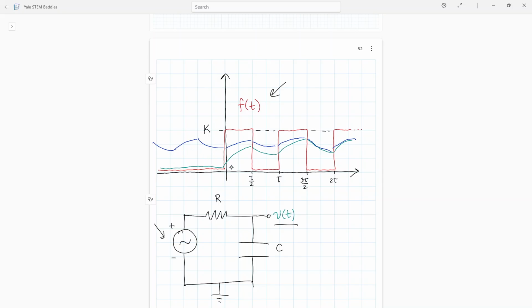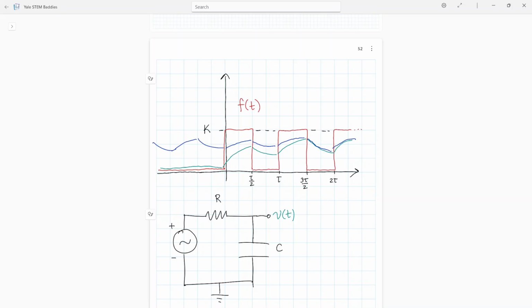It's on when it's not supposed to be, over here on the negative side of the time axis. But as time goes to infinity, the exact solution, the green curve here, is going to converge to the steady state solution. And if that happens relatively quickly, then we really only care about the steady state solution. So we're going to try to find the steady state solution of this system.